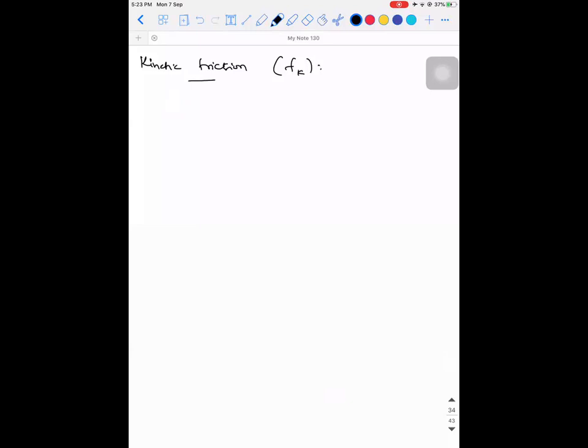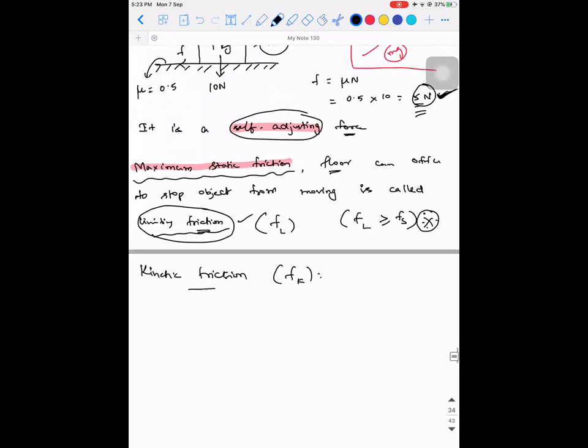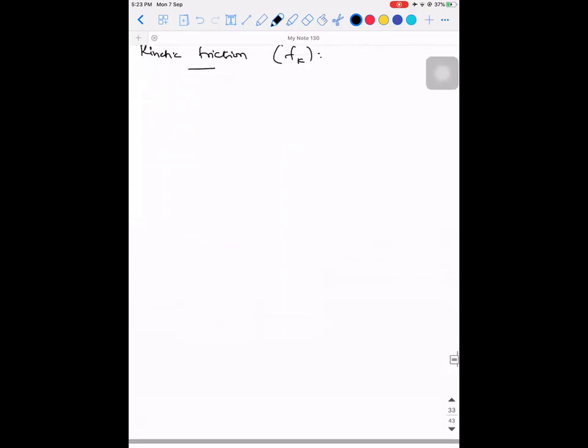Secondly, the mathematical expression for kinetic friction is: Fk is equal to mu k into N. Last class I told you friction is equal to mu into N. Here kinetic friction Fk is equal to mu k into N. Mathematically, this is how you define it.